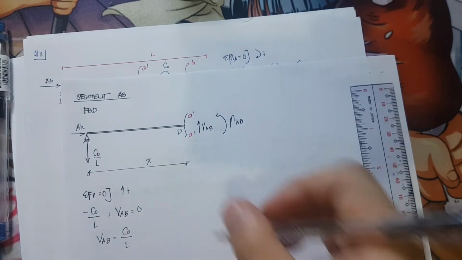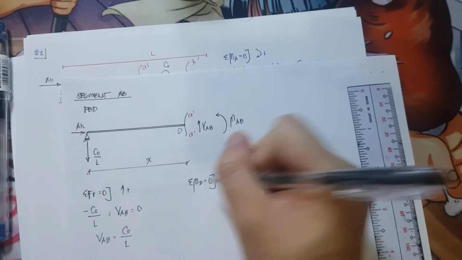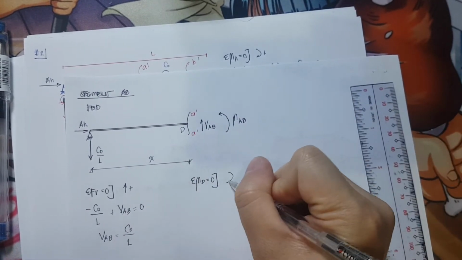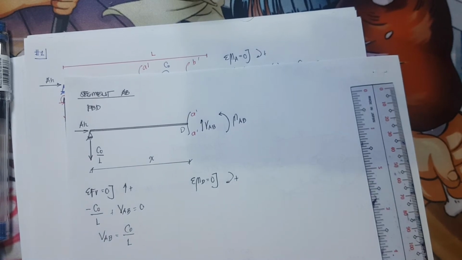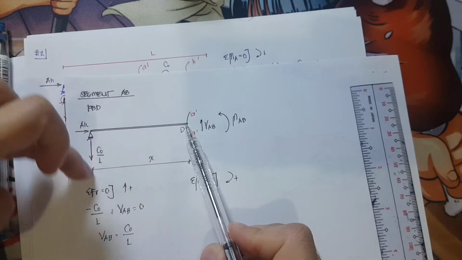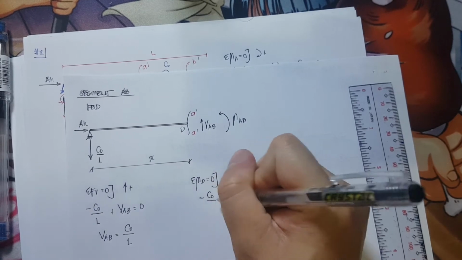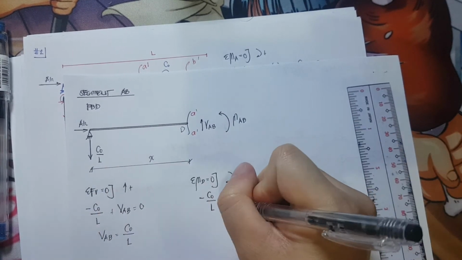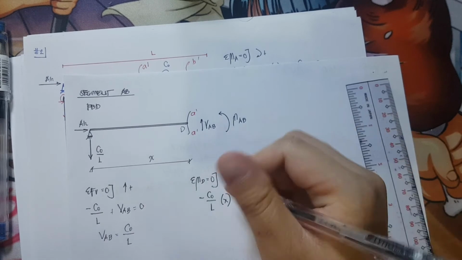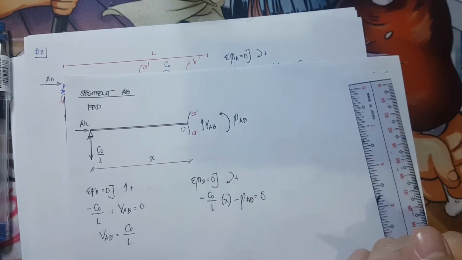Next would be the moment. Summation of moment at point D is equivalent to 0. All forces that are rotating clockwise should be positive. So what are the forces that are rotating with respect to D? So I have negative C₀ over L times a lever arm of x, minus MAB is equivalent to 0.